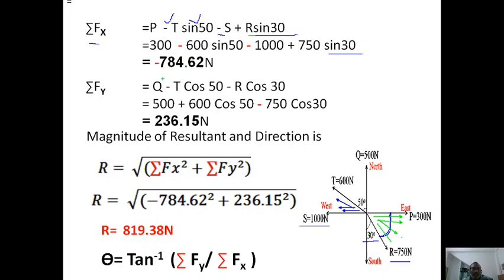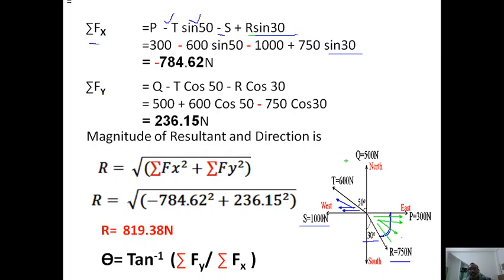Then substitute the values. P is 300 Newton, T is 600 Newton, S is 1000 Newton, R is 750 Newton, as given in the magnitudes in the diagram. Then sigma Fx comes out as minus 784.62.